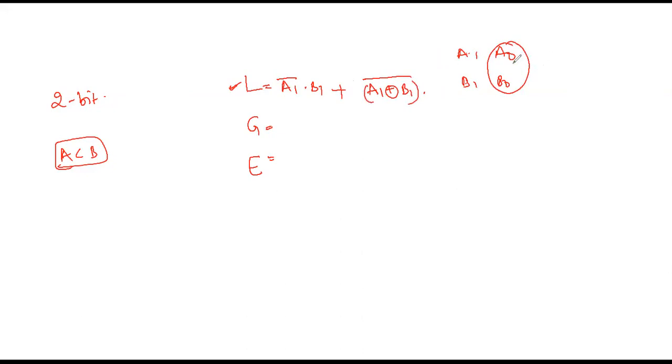Now we will decide A less than B depending upon the A0 B0 value. If A0 is 0, B0 is 1, then we can say A less than B. A0 is 0 means A0 bar, B0 is 1 means B0. This is the expression. Okay, understood.